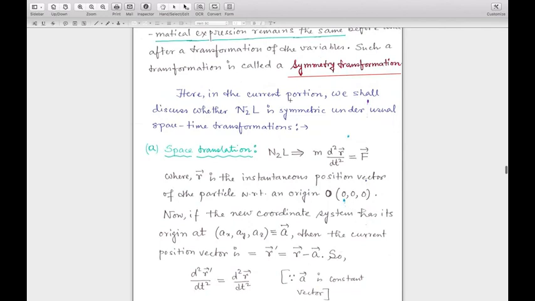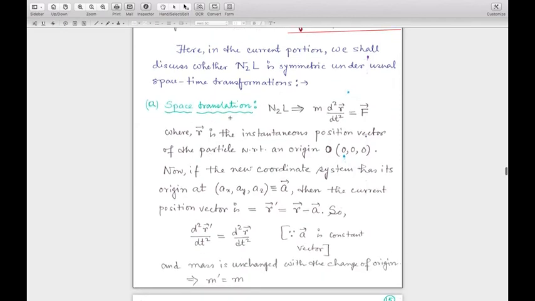Now, in the current context, we shall only discuss whether Newton's second law, which is the only law of evolution among the three laws of Newton, is symmetric or not under usual space-time transformations. So the first space-time transformation is known as the translation in space. What is that?